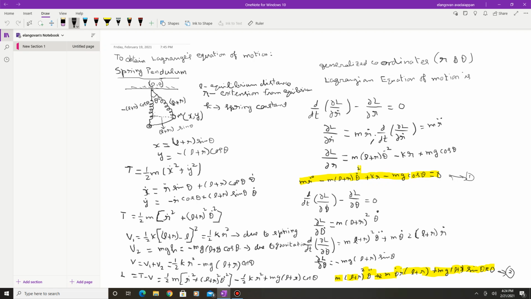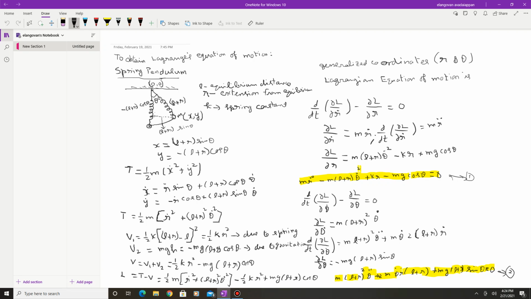Similarly, let us calculate partial dL by dr. You know the expression for L, and if you differentiate with respect to r, you will get this expression: m into (L plus R) theta dot square minus k r plus mg cos theta.